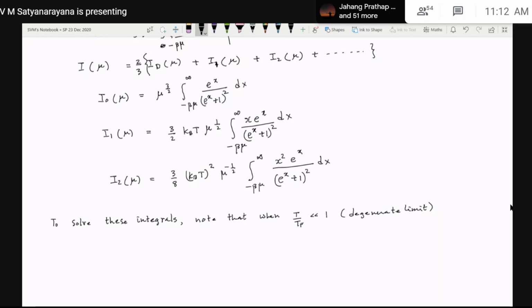Then you can say that your beta mu, which is basically equal to mu by kBT, is somewhat like your epsilon F by kBT, and this is much larger than 1.